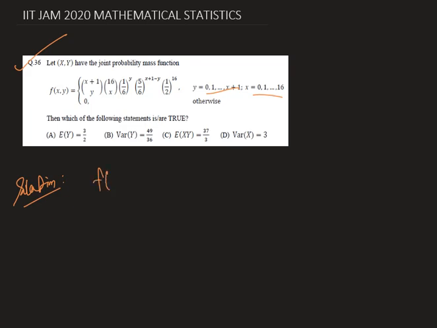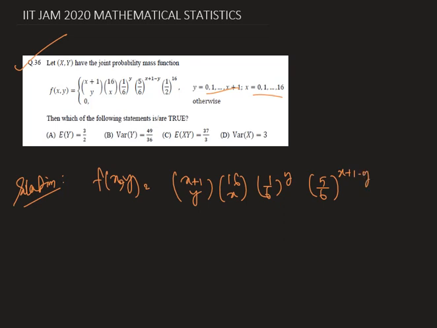By the question, the joint density f of xy is x plus 1 choose y multiplied by 16 choose x multiplied by 1 by 6 to the power y multiplied by 5 by 6 to the power x plus 1 minus y multiplied by half to the power 16, where y is 0 to x plus 1 and x is 0 to 16.